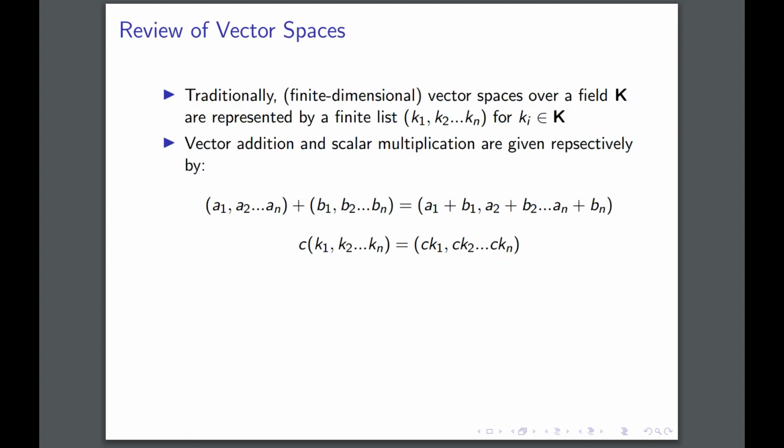And we have the structure of addition: we add everything component-wise, and to scale a vector, we just multiply every entry by the element from the field. And in the United States, specifically, a linear algebra class always takes the field to be over the real numbers.